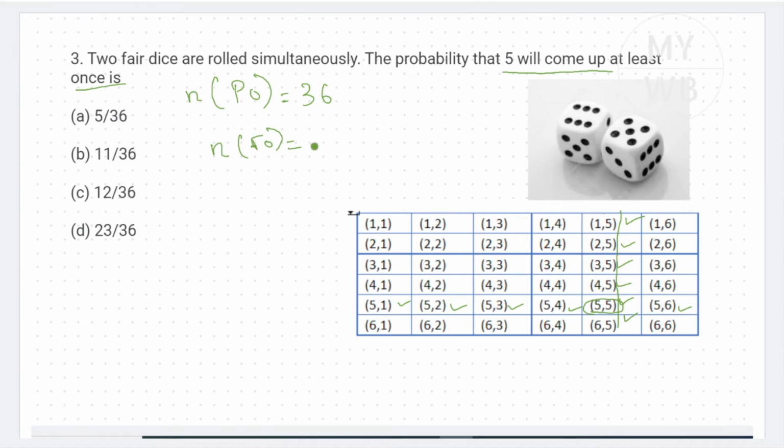So total number of favorable outcomes will be 11. So your probability is given as number of favorable outcomes divided by number of possible outcomes. So it is 11 by 36. Answer is B.